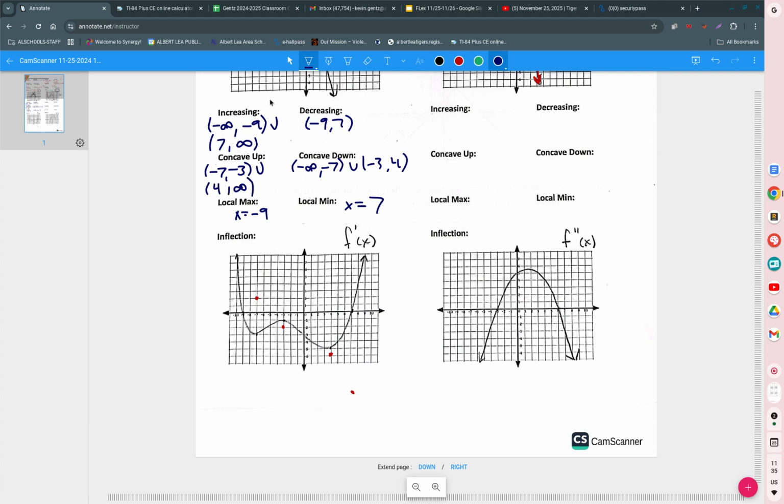And so concavity changes at the inflection points of x equals negative 7, negative 3, and positive 4. I put some dots there. I don't know if this would help people or hurt people, but the original function might look something like this.